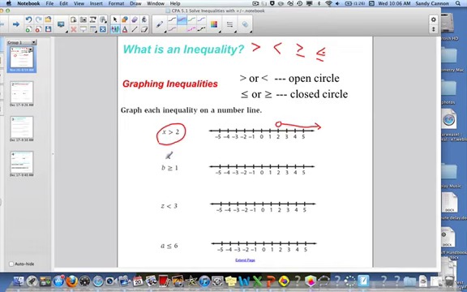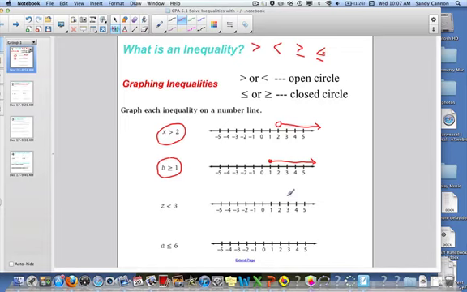The next one, I have b greater than or equal to 1. So let's go to 1. This can include the number 1, so we're going to put a closed dot there. Again, b is greater though, so we're going in this direction. Okay. Now let's look at the next couple. z is less than 3, so let's go to the number 3.